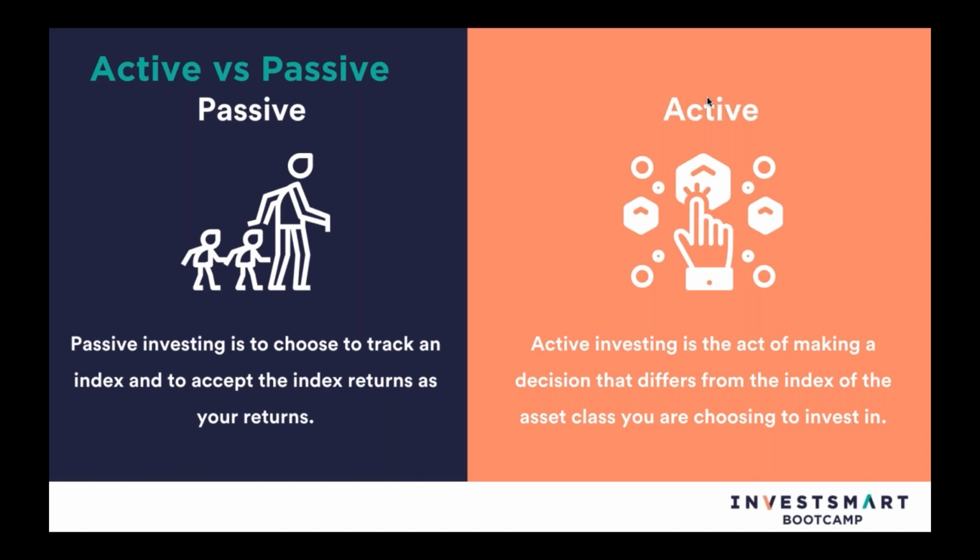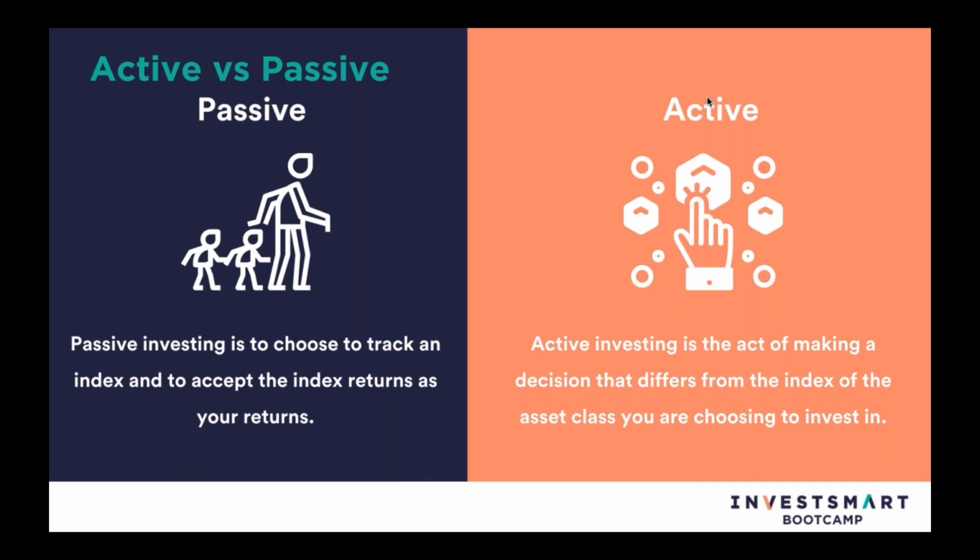You're happy just to go along with the flow and get what it gets. So an example of that is the ASX 200. You could track that each year. So if you put some money in, it would go up or go down the same amount that that index would go up or down, less any costs, of course. So it's not trying to beat or outperform a particular target.